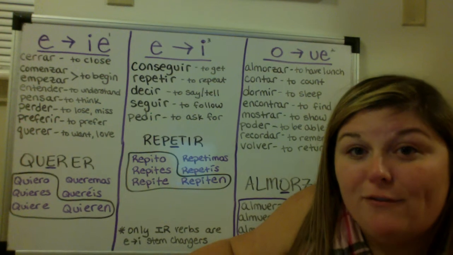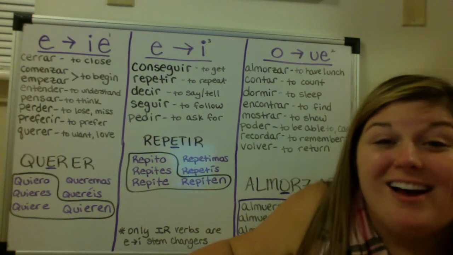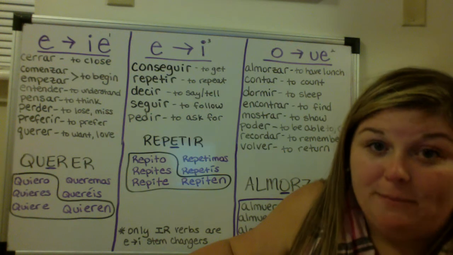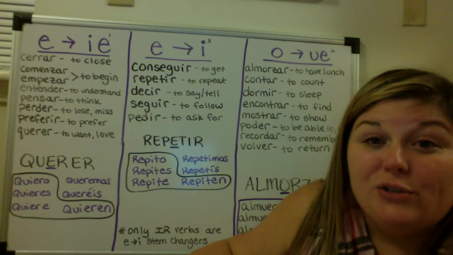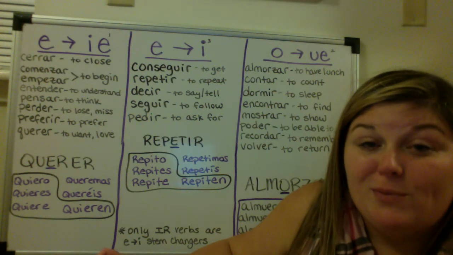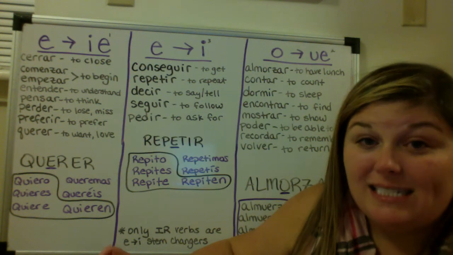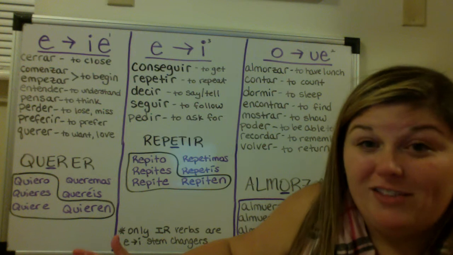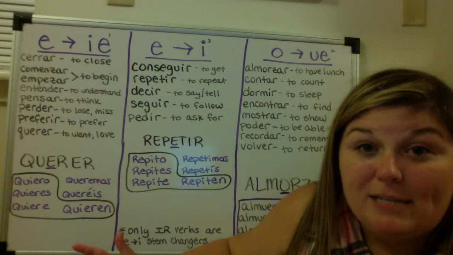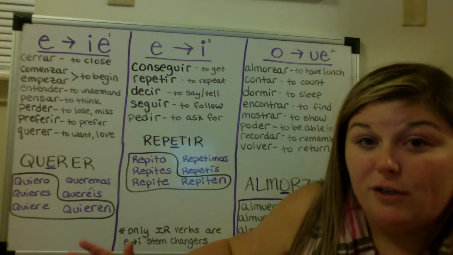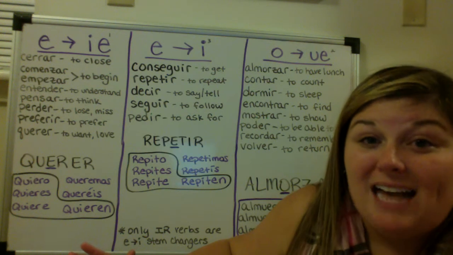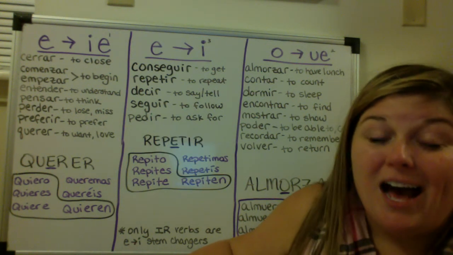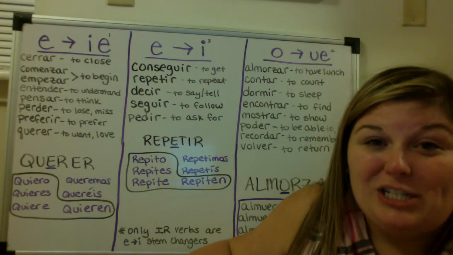Whenever stress falls or fell on the stem vowel, it would cause it to change. Okay? And the nosotros and vosotros forms will never stem change because the stress doesn't fall on the stem vowel there. And you can also think of it that there's not enough room in the boot. And sometimes you will hear stem changing verbs referred to as either shoe verbs or boot verbs, which is again why I have it drawn out here for you like a shoe.